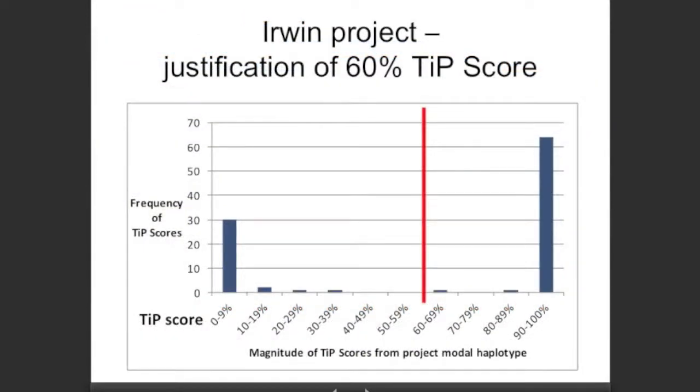And this is a graph from James' project, and it shows the justification of the 60% cutoff. There's 60%, this goes up to 90%, and down to 0%. But the 60% will give you the greatest demarcation between including people in a genetic family and excluding people from a genetic family.